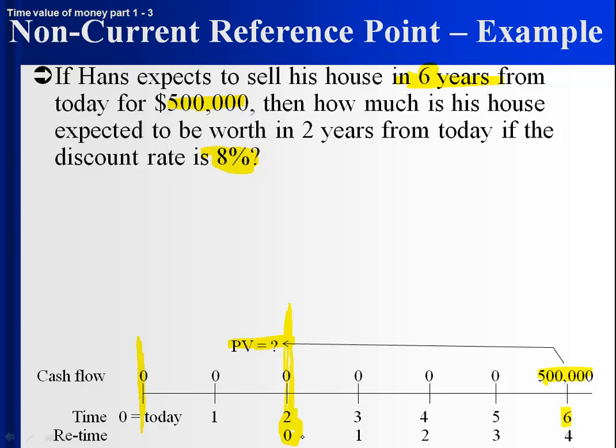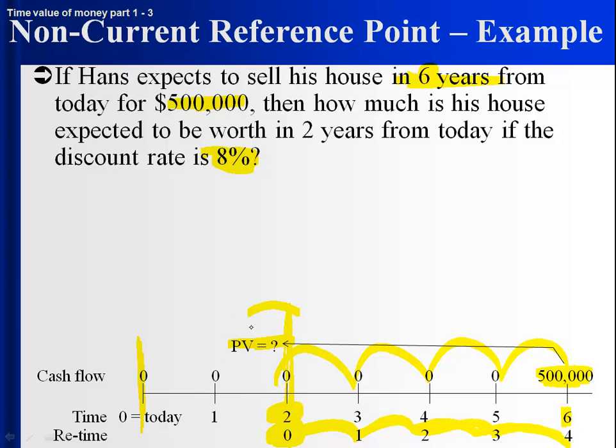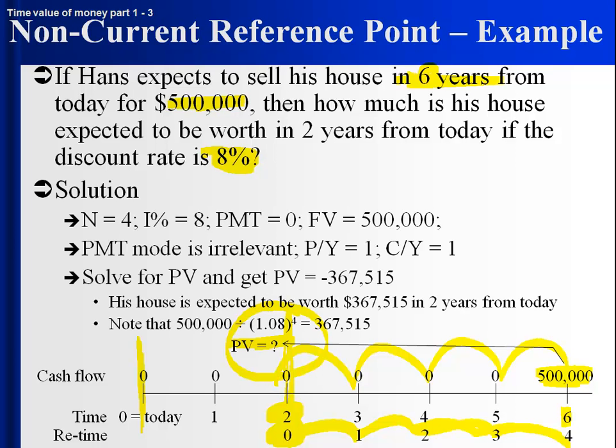We can look and say, hey, in 1, 2, 3, 4 years from when we get out of our time machine, which is 2 years from today, and 4 years from when we get out is actually 6 years from today, this house is expected to be worth 500,000. We can sell it for 500,000. So it's just 500,000 divided by 1.08 to the 4. That's what we expect the present value to be in 2 years from today.